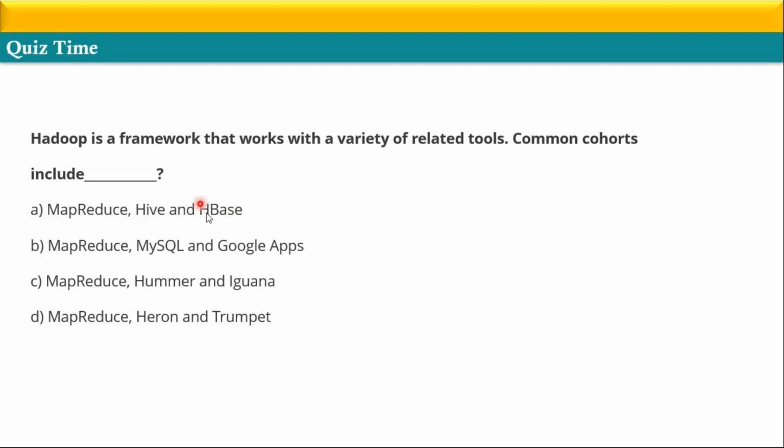So HBase is a NoSQL database that provides the result of a query with low latency on the data which is stored inside HDFS. So for querying the data stored inside HDFS, we need HBase, and these are the components from the Hadoop ecosystem itself. So that's why A is the correct answer.